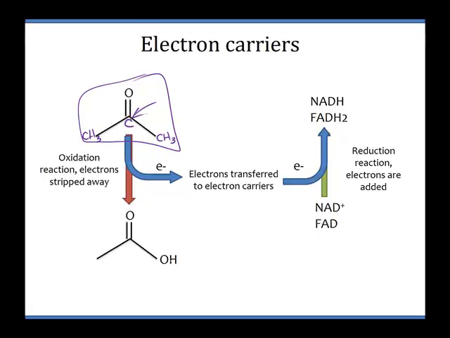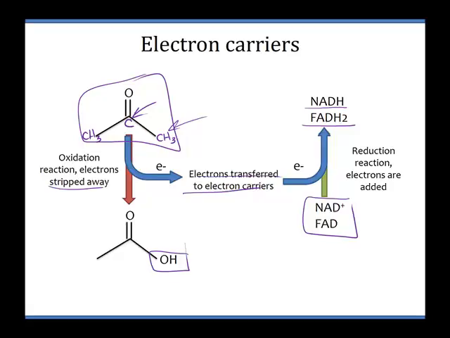We're going to attach an OH and remove the CH3. So we're oxidizing this carbon. We're stripping electrons away. We're going to transfer those electrons to an electron carrier. We won't worry about which one we're using, at least not quite yet. It's going to be one of these two, either NAD+ or FAD. And if it's NAD+, that NAD+ is going to be reduced to NADH. If it's FAD, that FAD is going to be reduced to FADH2.